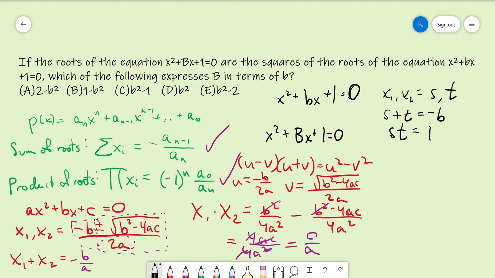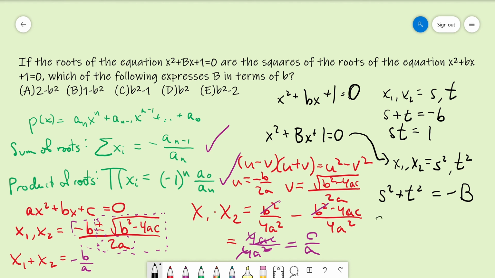In other words, here our roots, x1 and x2, are going to be s squared and t squared. Well, that means that s squared plus t squared has to equal negative big B. Well, what's s squared plus t squared?